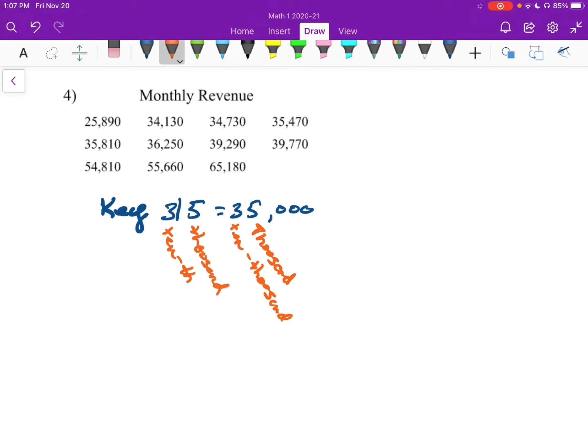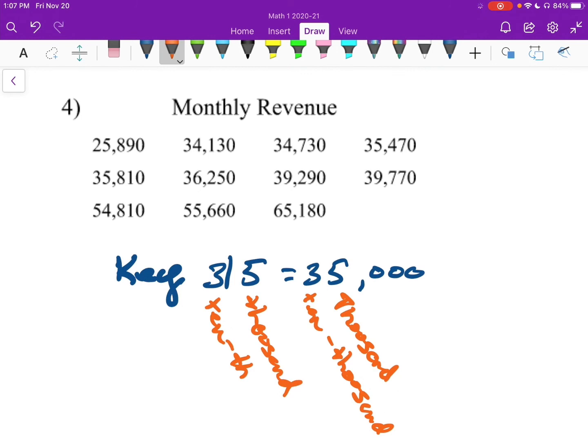So again, just like in the last one, I'm going to have to round to the nearest 1,000. So if I zoom in here, 25,800 will round up to 26,000. This one rounds down. This one rounds up.